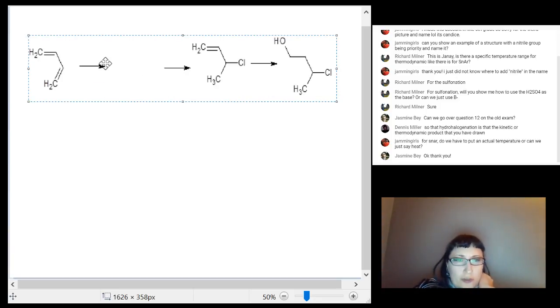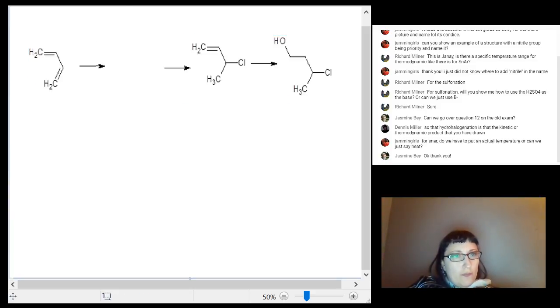There ended up being an extra arrow here, so just act like there's only one arrow. I did see some people had some pretty creative things in that spot, but this is fine.